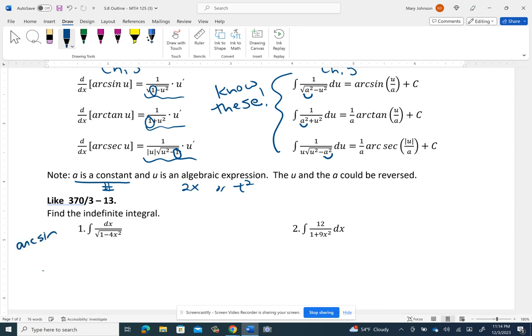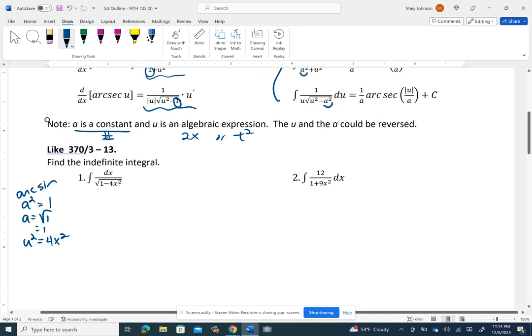So what we're going to try to do is get it to look just like the arcsine formula by getting u's into the mix. So we're going to look at how the a squared would come from the 1. So a would be the square root of 1 or 1. And the u squared would come from the 4x squared.